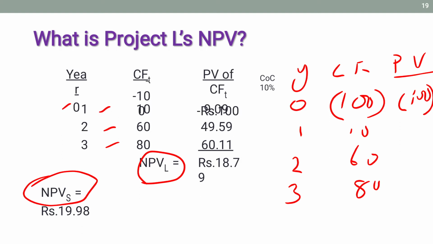If the cost of capital is 10%, as I explained to you in the discounted payback period how to adjust the cash flow to the present value, you have to follow the same way. So if it is 10%, 10 upon 1 plus 0.10 to the power 1, then you are ending up with 9.09, right?